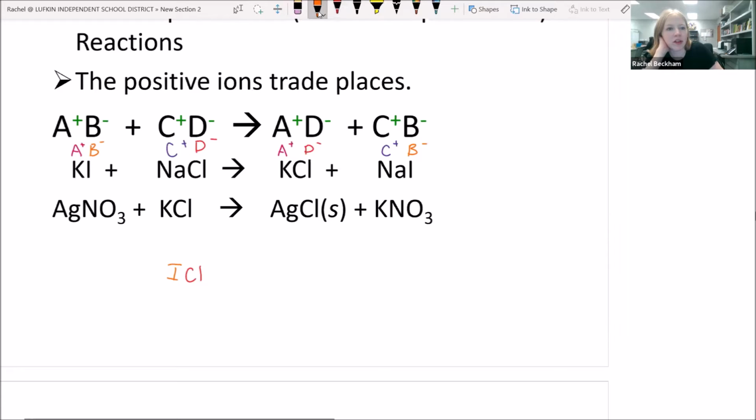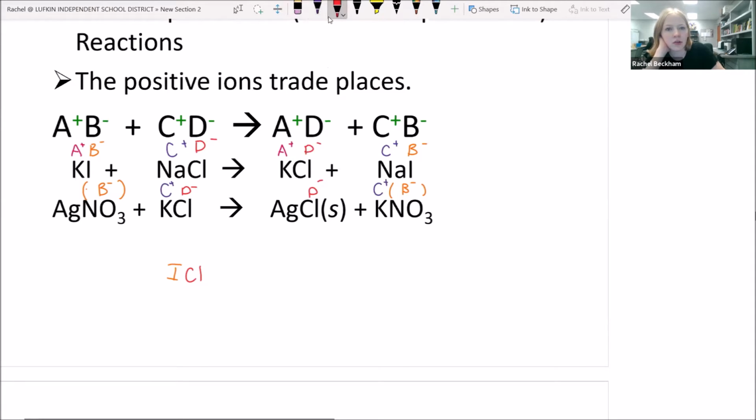So for example, on this next one, I'll just do this. In this case, NO3 is like a polyatomic ion, and it acts as one thing, okay? And it moves over here. And then our D is chlorine. Our C is potassium, and it swaps, it's got a positive charge.